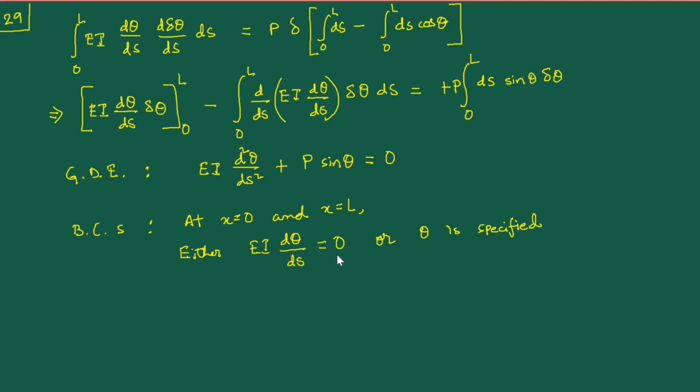It would be nice to have a little interpretation about this. What is going on here is that theta is specified means that the slope is specified, or if the slope is not specified, then we'll have this EI d theta/ds equal to 0. So you think about what this is really telling us. Mind you, this d theta/ds itself is just the curvature.